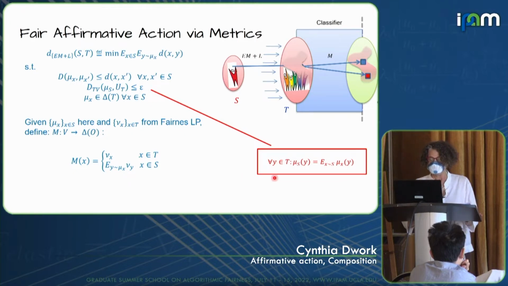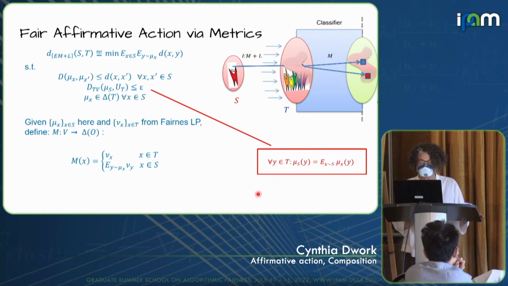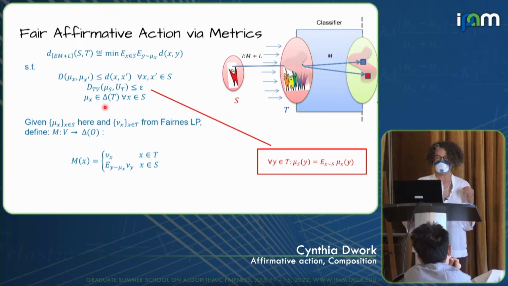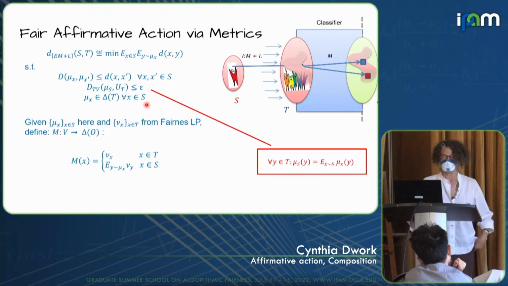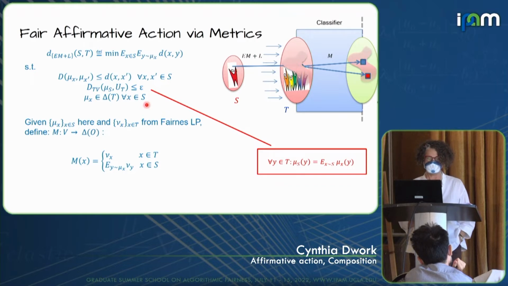Here mu sub S is defined as, for every y in T, the chance of landing at y if we choose an element according to S. And then these are the distributions: mu x are the distributions on elements of the outcome set for guys in x, in T. That should say for all x in S. Stop me.